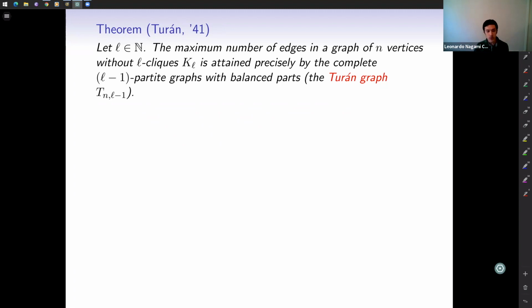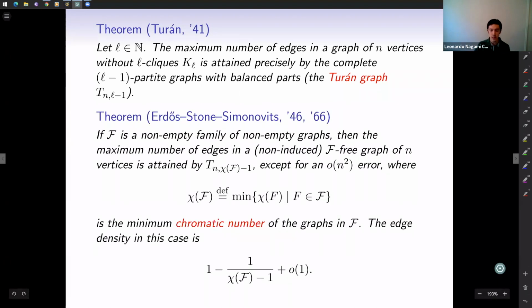What is surprising is that later on, Erdős and Simonovits generalized this theorem. If instead you forbid some family F of non-induced graphs, and try to maximize edges in this F-free graph, the best thing you can do is still the Turán graph, except that the number of parts is based on the chromatic number.